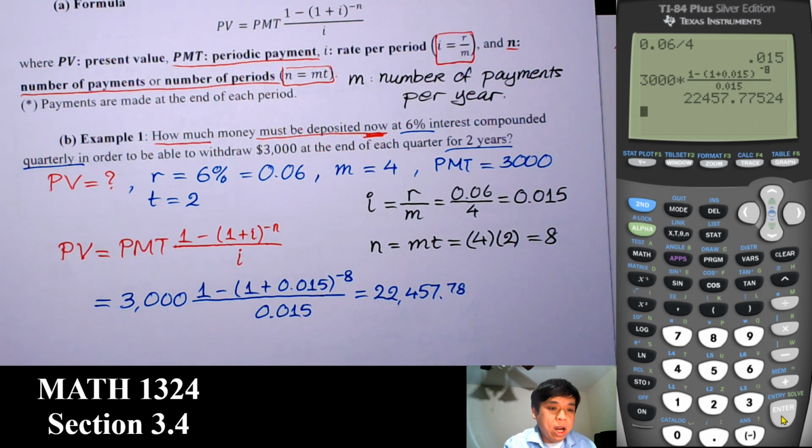So if we put that amount in the bank, we would be able to withdraw $3,000 every quarter for the next 2 years, given that 6% interest rate.